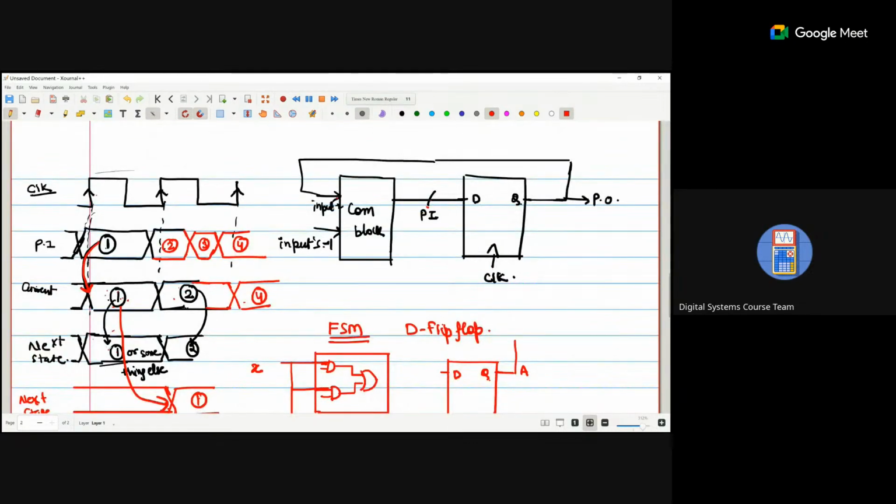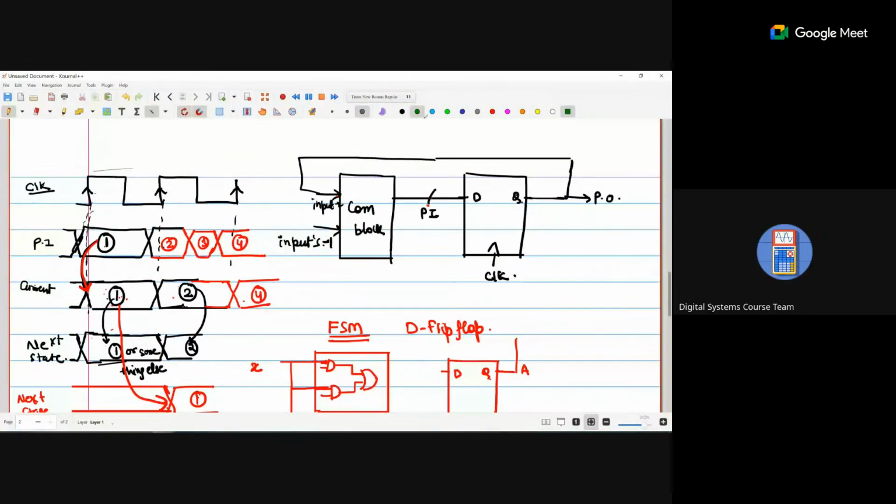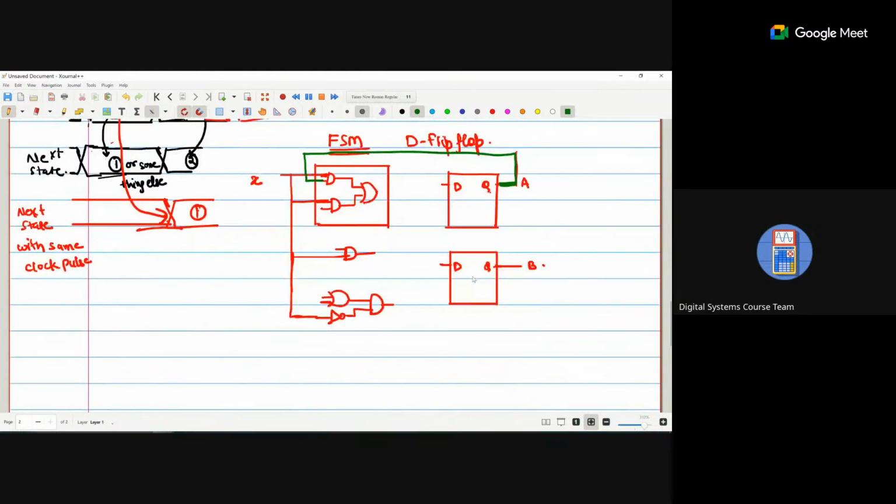So I use this output, feeding it back to the input of this one, then the input of this one.